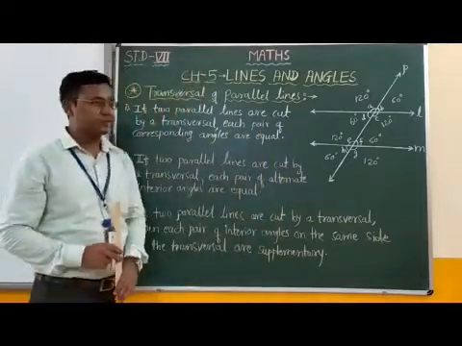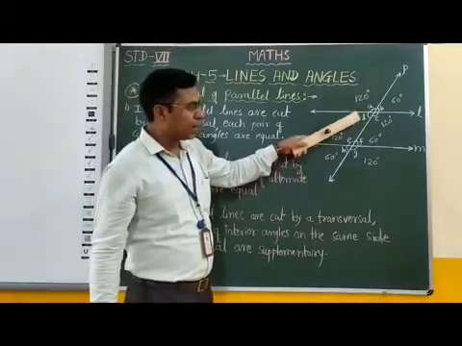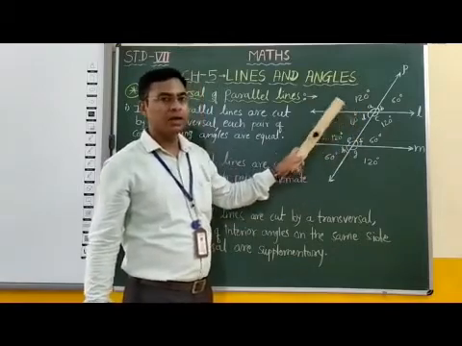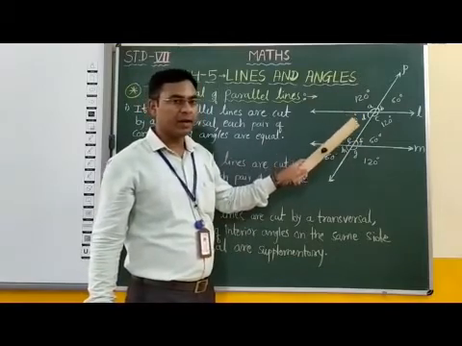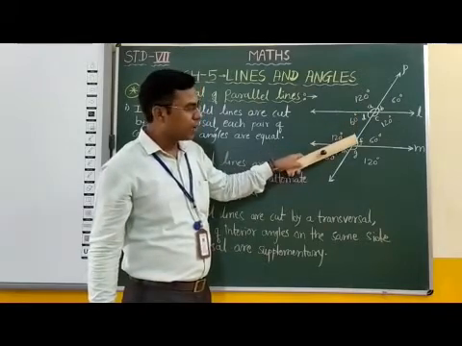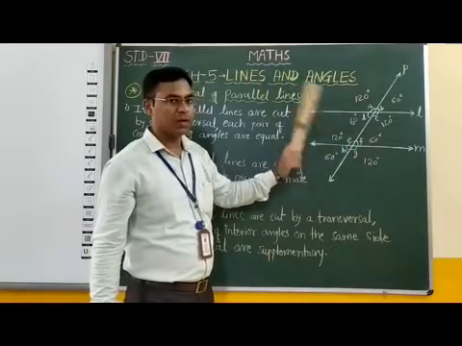Now next, if we observe angle D and angle F, these two angles are alternate interior angles. Angle D is 60 degrees, angle F is 60 degrees. Both are equal.